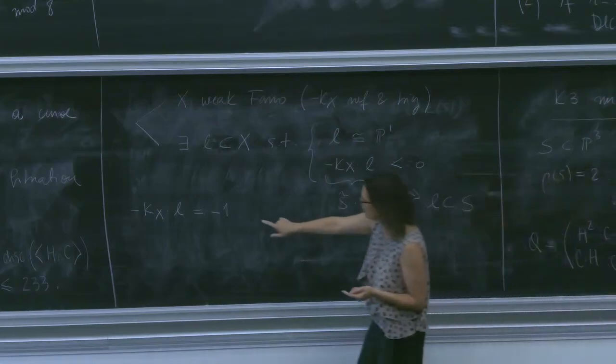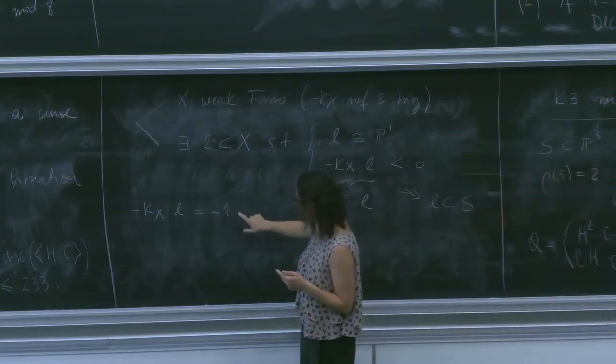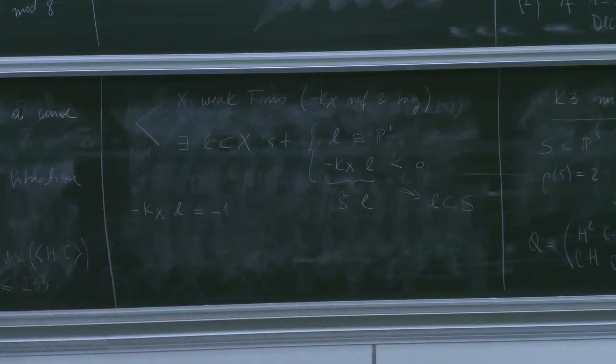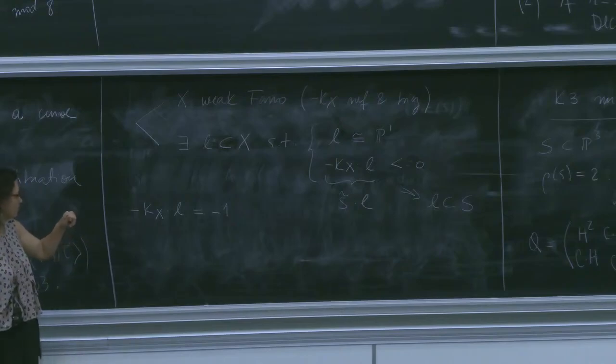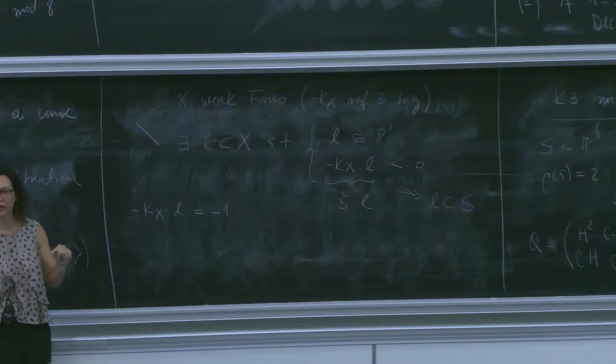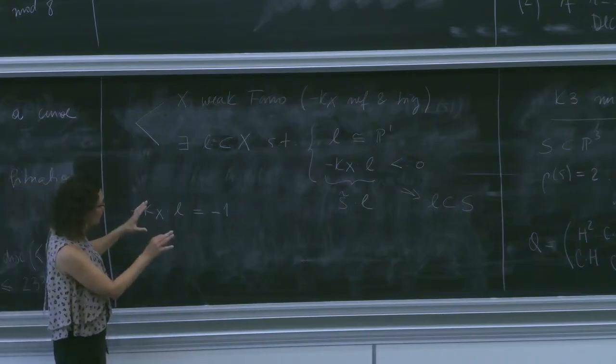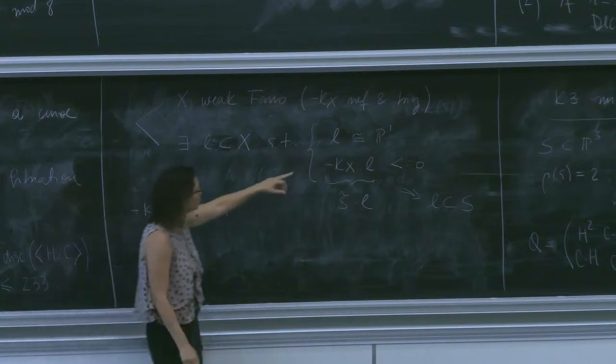So this condition here guarantees that the anti-flip will have terminal singularities. And now you want to find, in your surface, a rational curve.